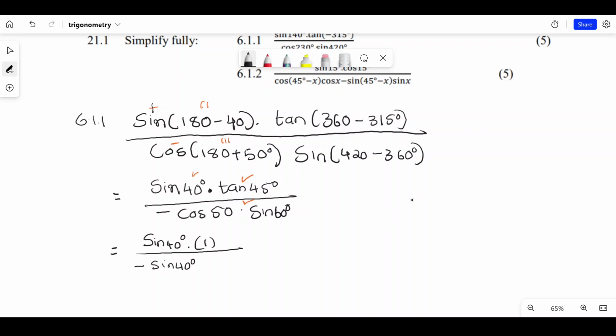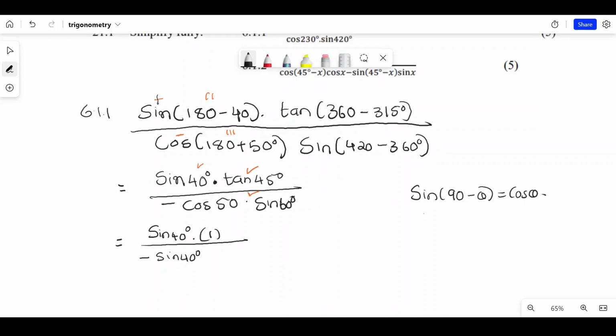If you need any explanation, let me write here. We know that sine 90 minus theta is cos theta. So cos 50 is actually cos of 90 minus 40. So 90 means we are going to the co-function. So this is sine 40.